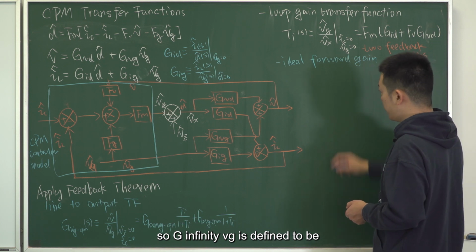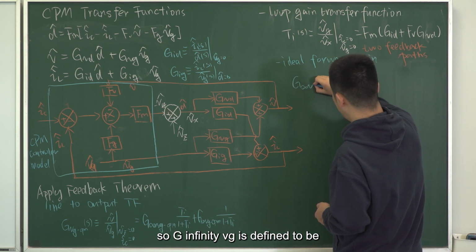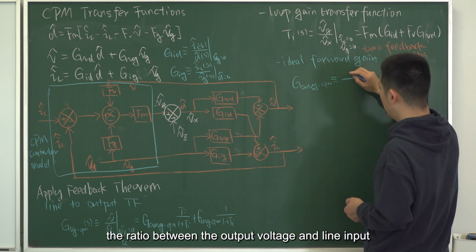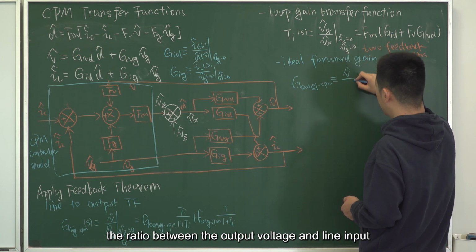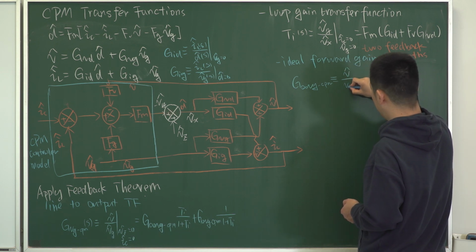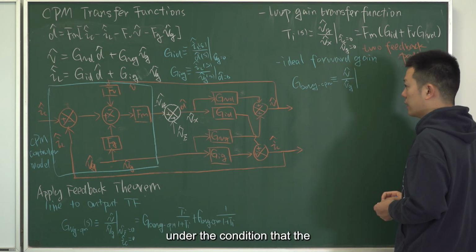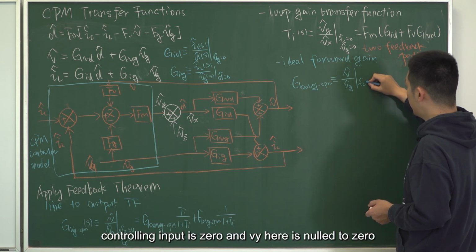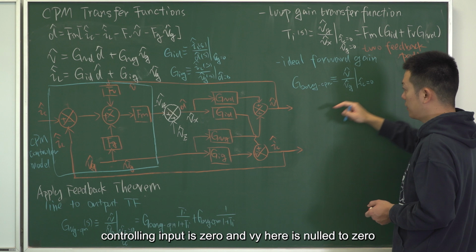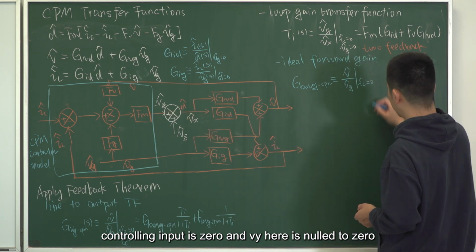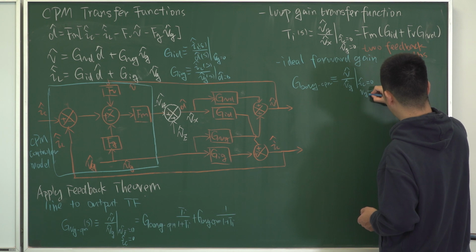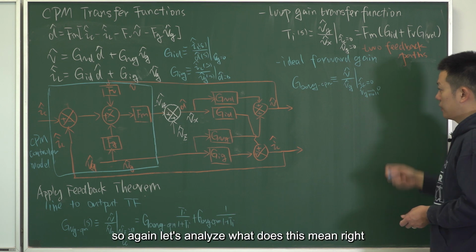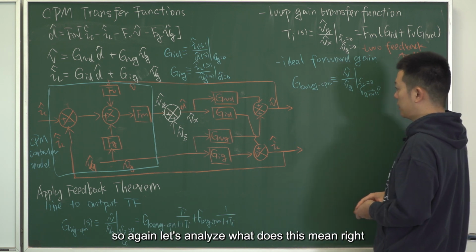So G infinity Vg is defined to be the ratio between the output voltage and the line input under the condition that the controlling input is 0 and Vy here is not 0. So again, let's analyze what this means.